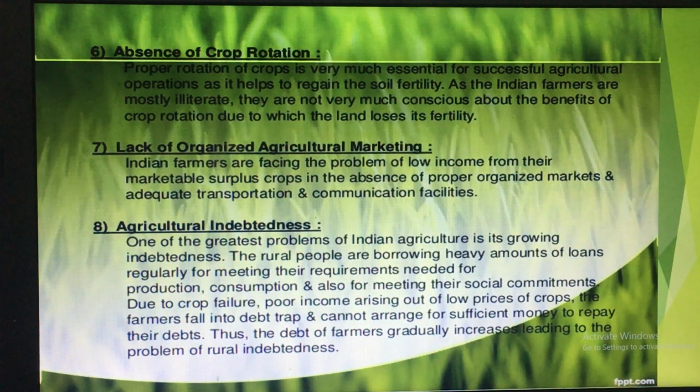Since there is no organized market for agricultural products, farmers face problems in marketing their crops, and due to inadequate transportation facilities, they are facing many problems.